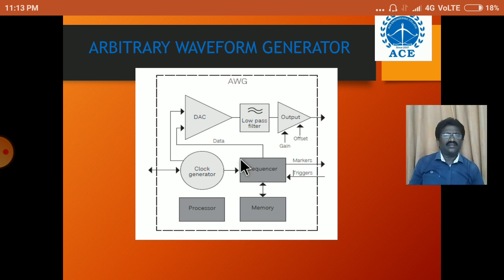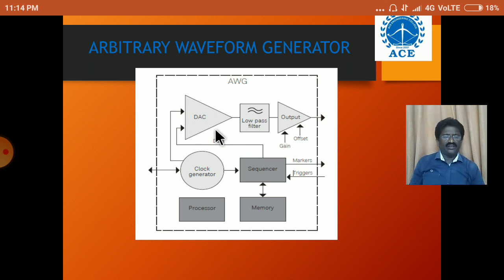So next one, clock generator. Here the timing of the waveform is controlled by an internal or external clock source. So the memory controller, this one, keeps track of waveform events in memory and then outputs them in the correct order to the DAC.